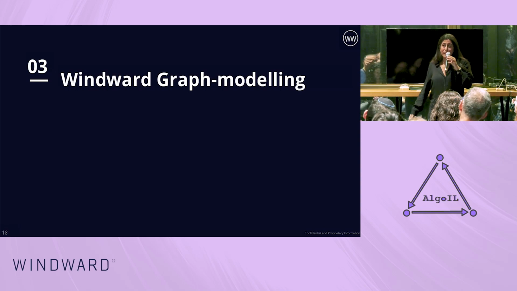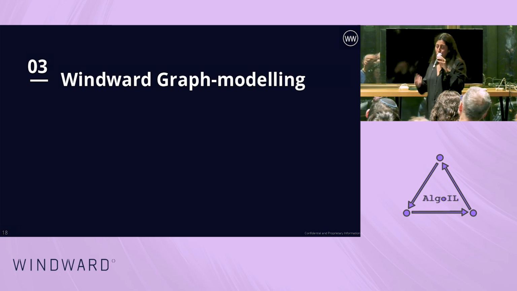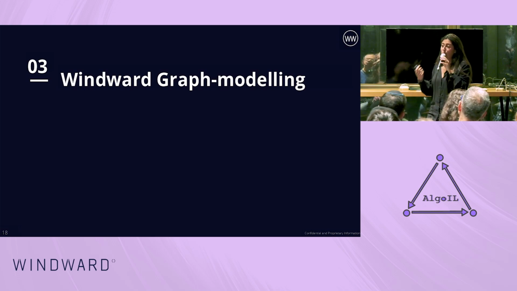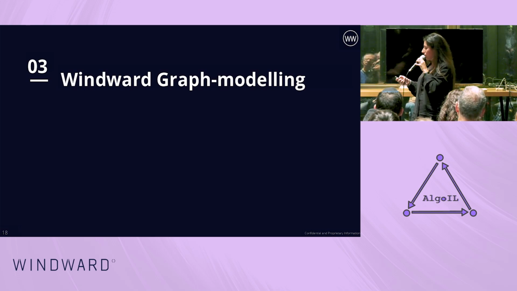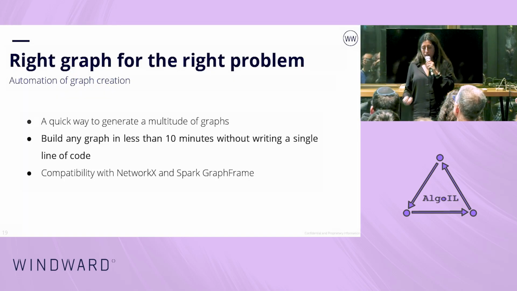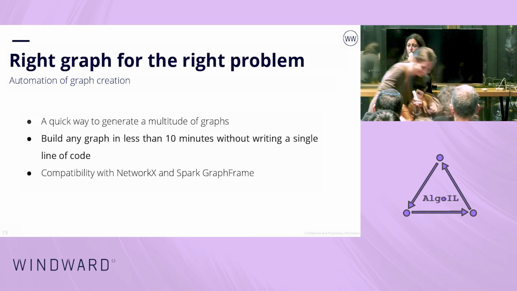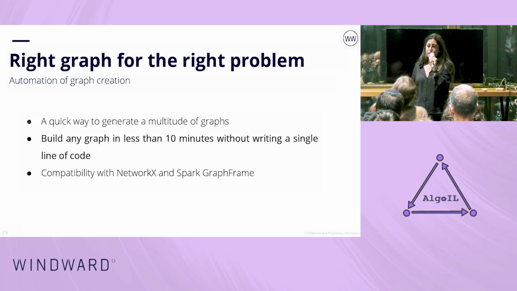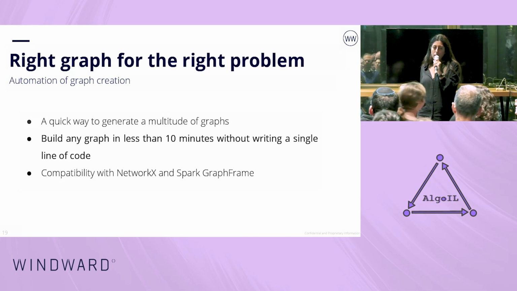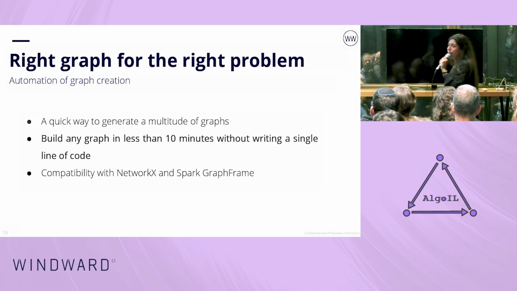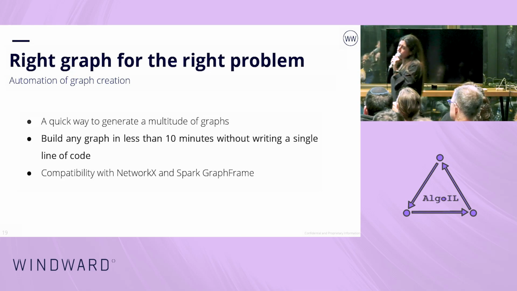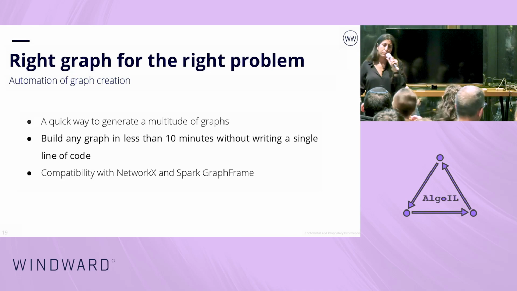Now, let's look at what Windward graph modeling is. We have one graph, but maybe we don't want only one graph. Maybe we want multiple graphs. Basically, there are two approaches to working with graphs. You can either put all your data into one huge graph, or you can decide to have multiple graphs, each graph for each problem.